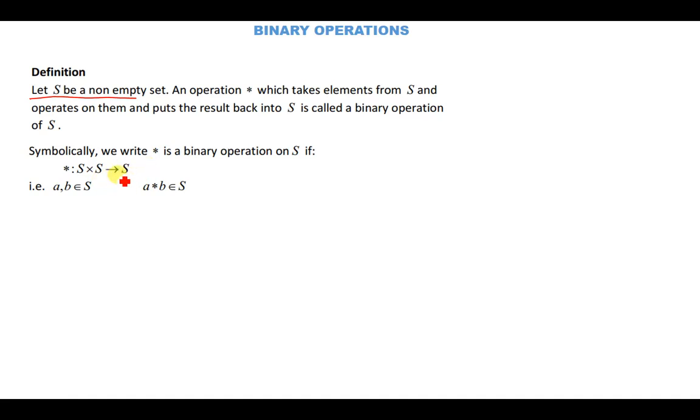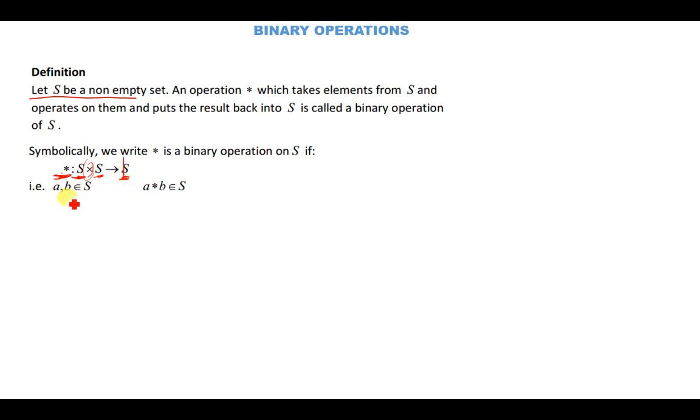Using symbols, you take two elements from S, element 1 and element 2, and you operate on them. After operating on them, if the answer that you get is also a member of set S, then that given operation is a binary operation.